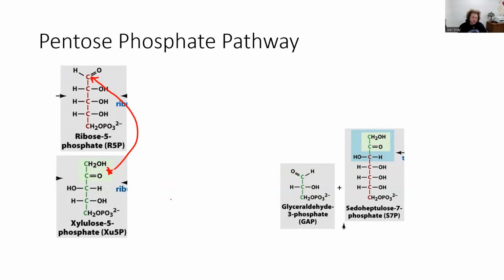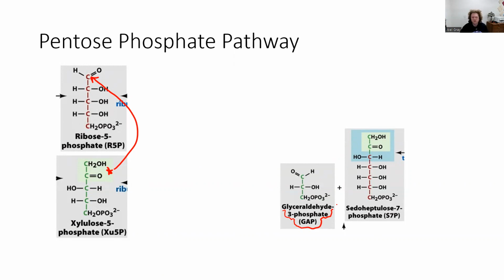At this point, I think it's fair to wonder, what arguably is the point? And one of the points of the pentose phosphate pathway is, I think, best illustrated when you think about glyceraldehyde 3-phosphate. Where have we talked about glyceraldehyde 3-phosphate before?